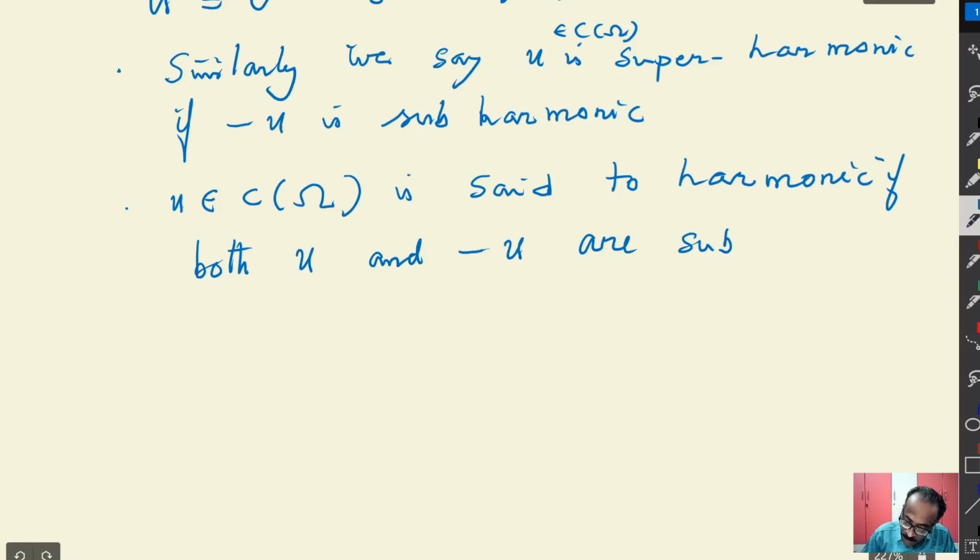So you see, you are able to define harmonicity via continuous functions. For continuous functions that will do.